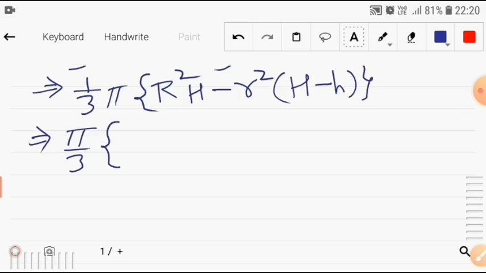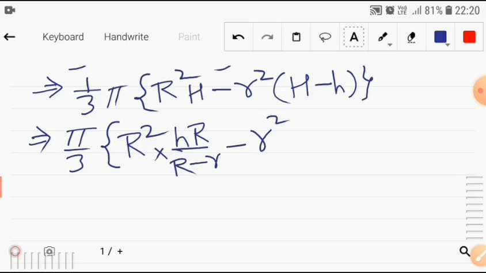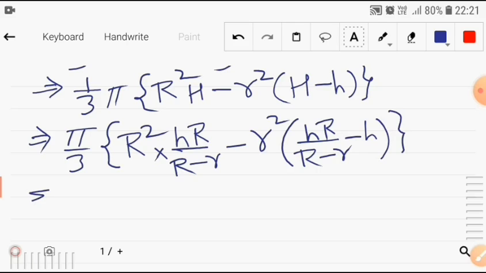Now we have to write the value of H from the first equation as we have derived. The first equation says that the value of H is equal to hR by R minus r. So we replace capital H with this: R square H minus r square, (hR by R minus r minus h), bracket close.